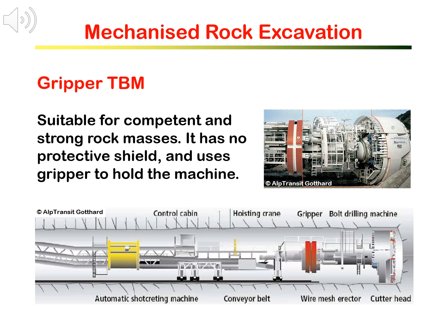The machine does not have a protective shield. Muck is transported by conveyors. Rock bolt machines, wire mesh erectors, and shotcrete machines are also part of the TBM.